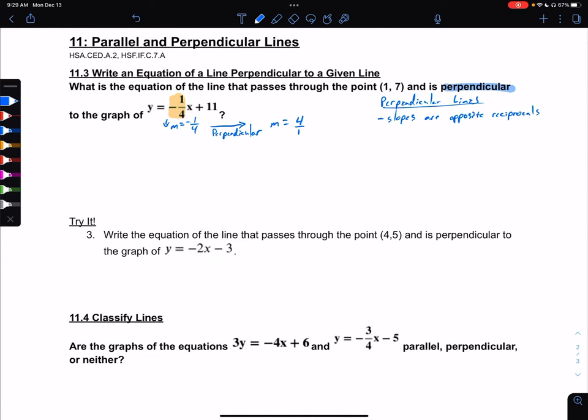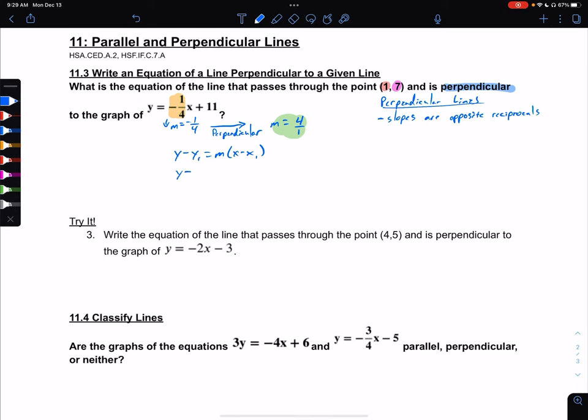So for this problem, we know what is the equation of the line. We're looking for the point (1, 7), and we want to know that it's perpendicular, so we're going to use this slope of m equals 4/1. Quite similar to the last video, we have point slope. So we're going to use the point slope formula.